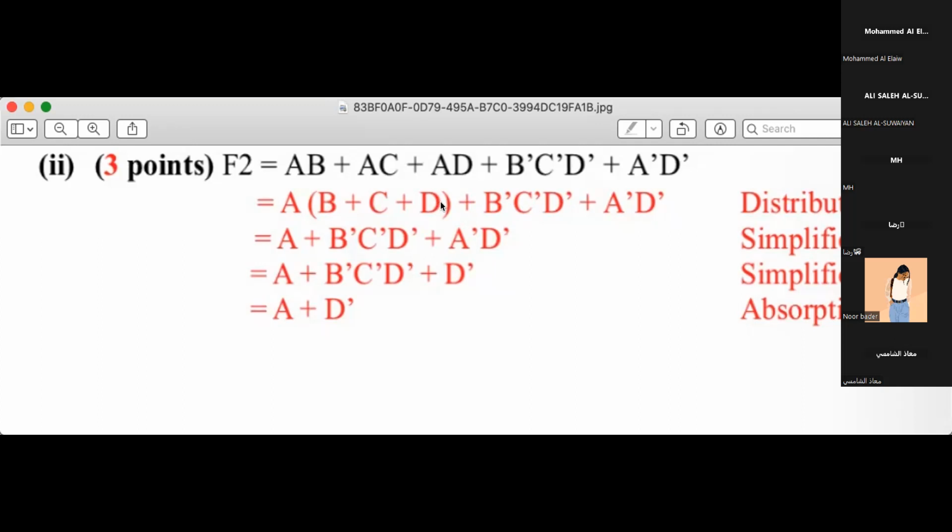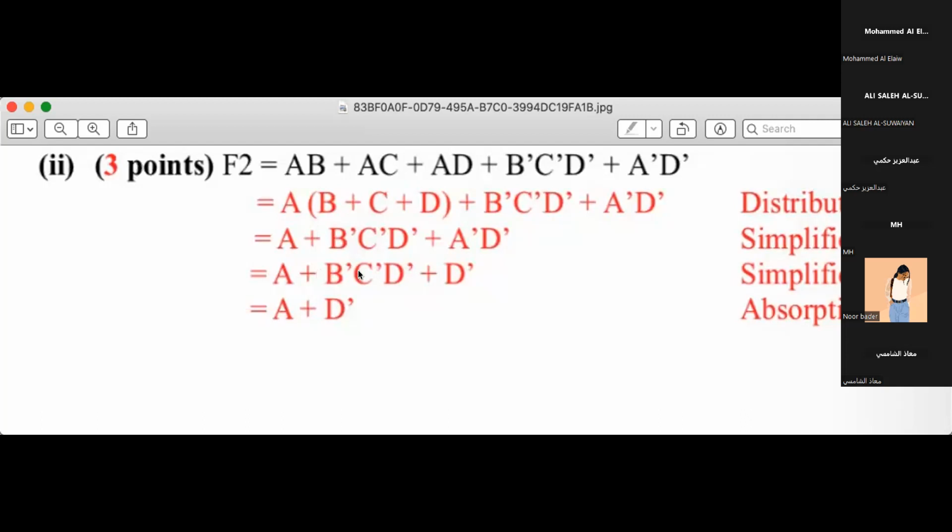The reason is simplification, because this is your X and this is your X complement by De Morgan's law. By De Morgan's law, if you take the complement of this, it will be this. So this is your X and this is your X complement. So this will disappear by the simplification rule.